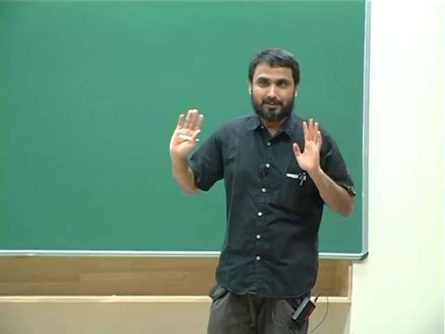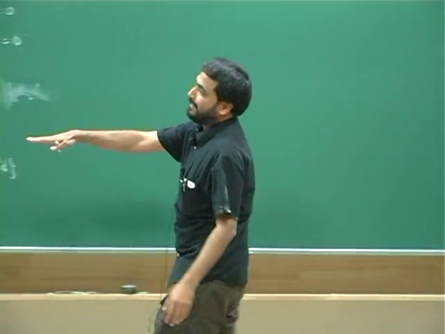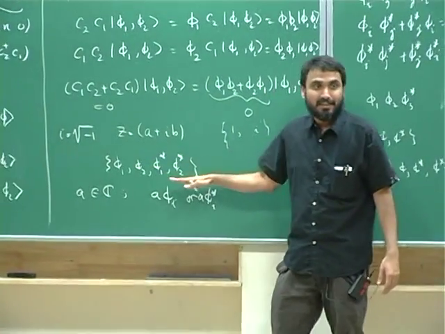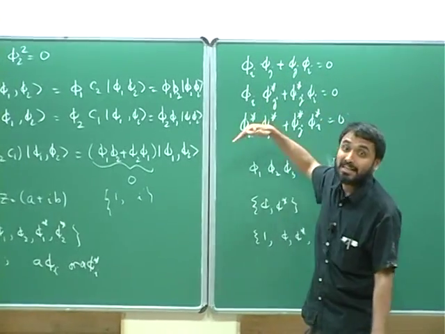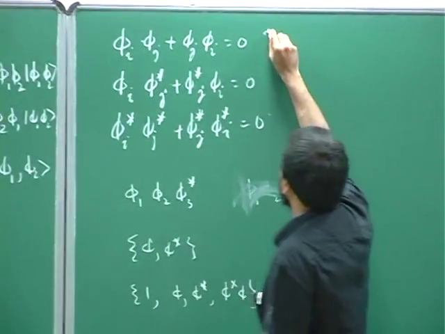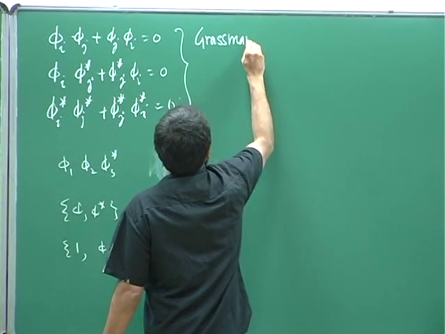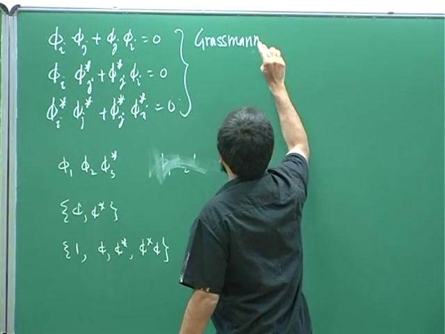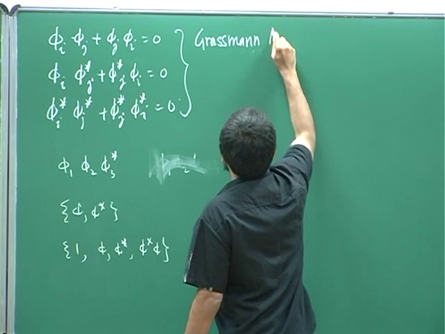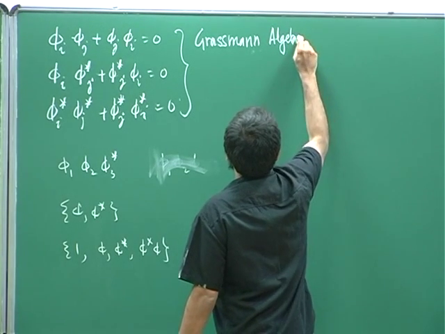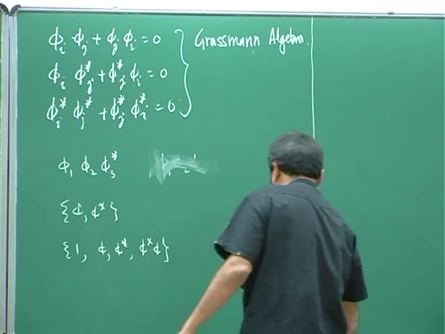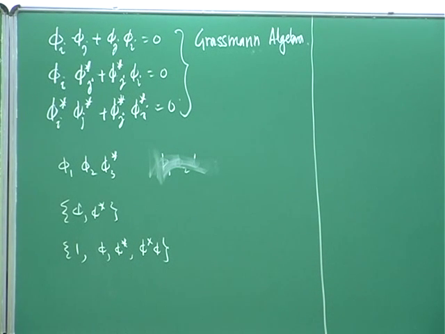So these are what are called generators, and this algebra is called Grassmann algebra. I'm not sure whether there is a single or 2 n's, but okay. So this is the definition. This is all definition.